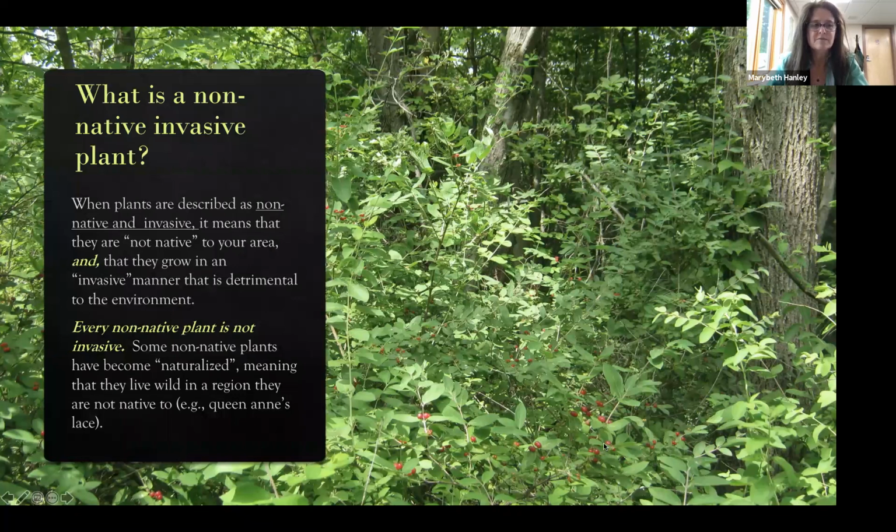What is a non-native invasive plant? When Hillary and I started, we were talking about invasive plants in general, and there are so many of them, in a lot of different places in North America, and you'd think that people have been studying them for years, but really it hasn't been that long.